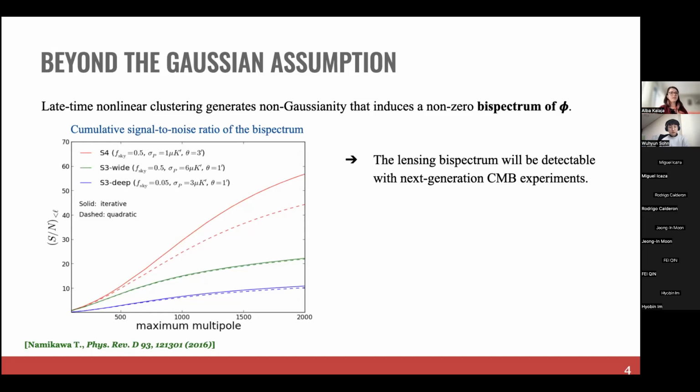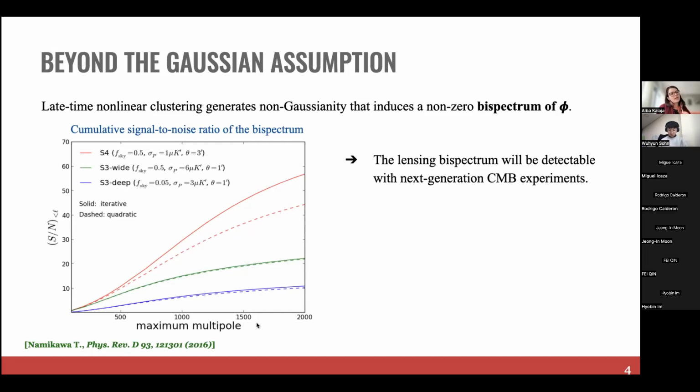Assuming that this signal was subdominant, negligible, was a good assumption for experiments like Planck. But for the sensitivities of next generation experiments, like for example Simons Observatory and CMB-S4, this signal will be detectable with a certain statistical significance, and it can also be used to constrain cosmological parameters.